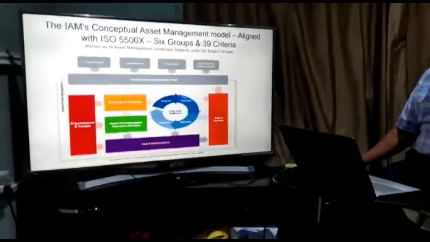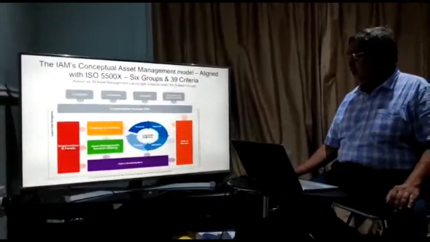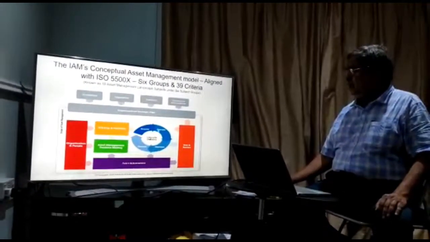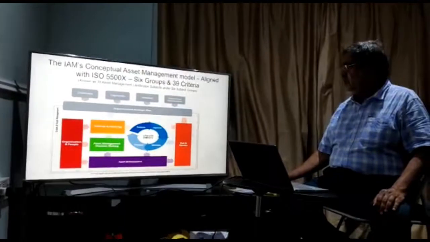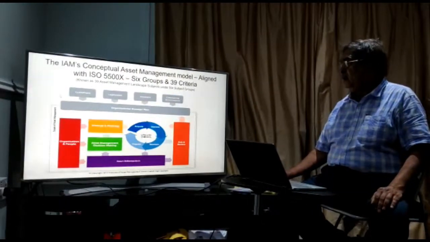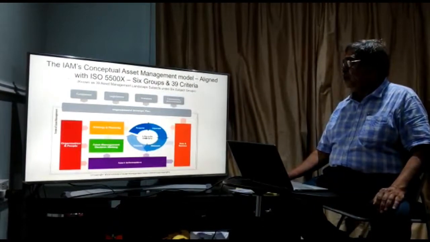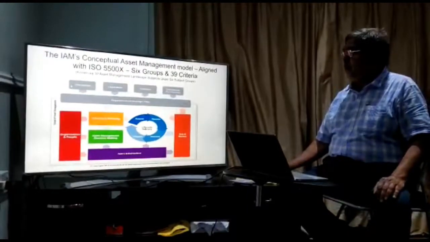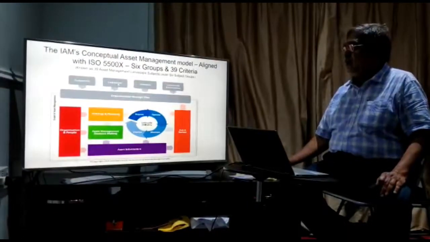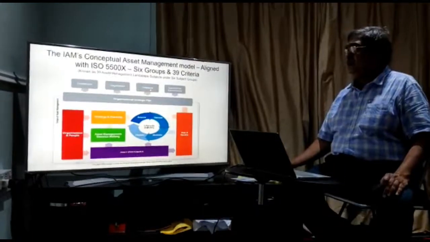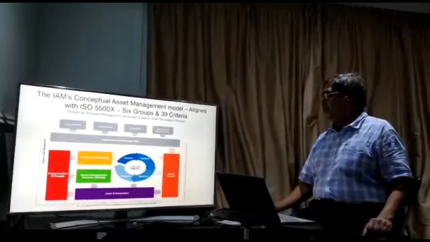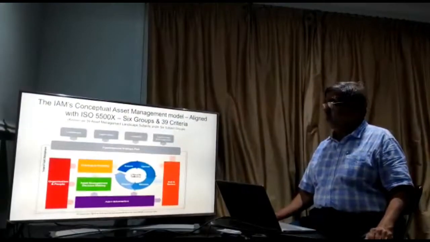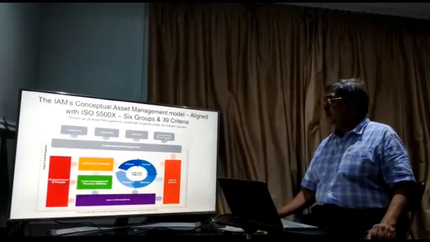This is the asset life cycle, starting with acquiring the asset, operating the asset, maintaining the asset, and disposing of the asset. Then risk and review, and the asset information. In this, there are four stakeholders. One is the customer, another is legislation, there is an investor who is looking for the return on investment and the purpose for the asset, and then there is the commercial environment, which is to be taken into consideration.